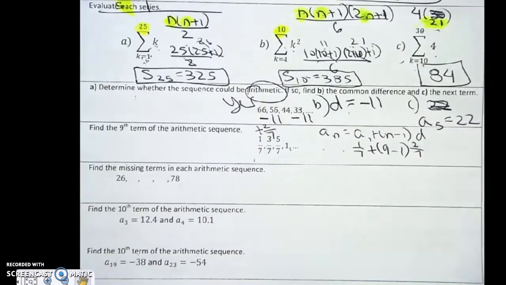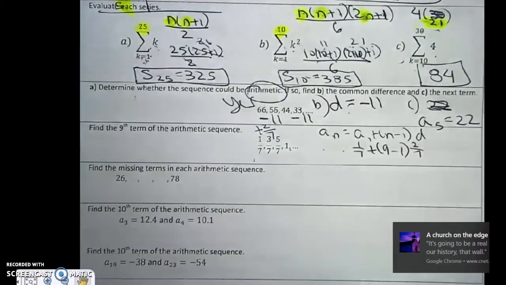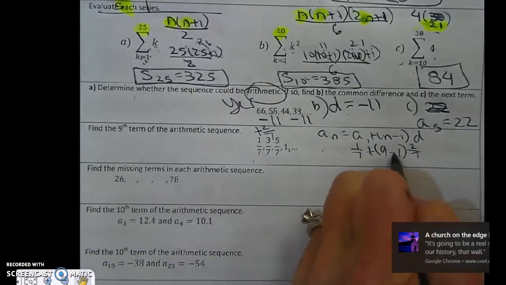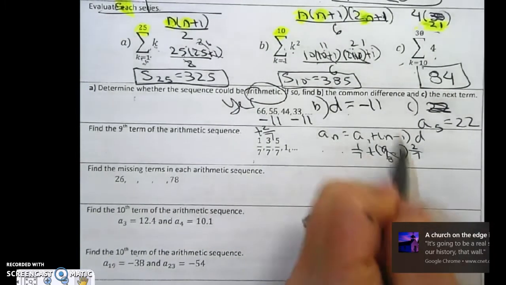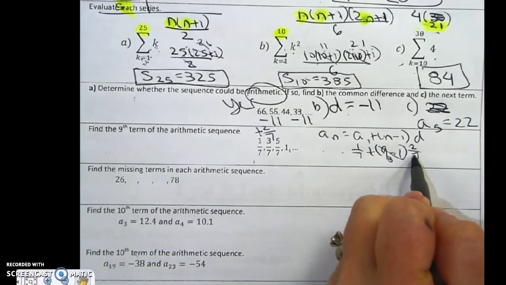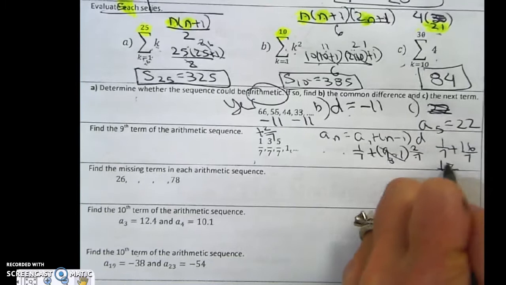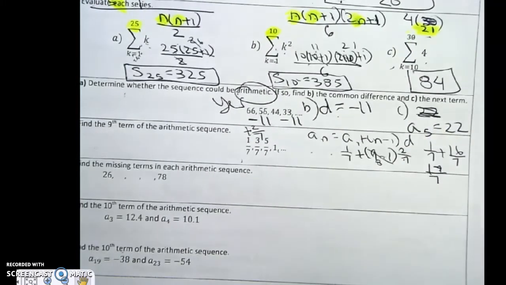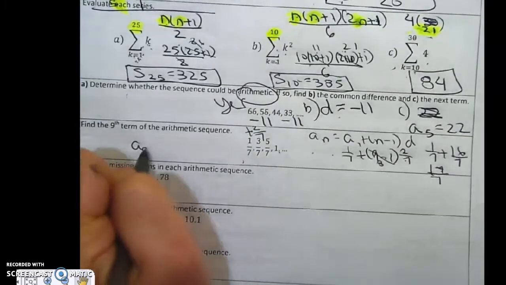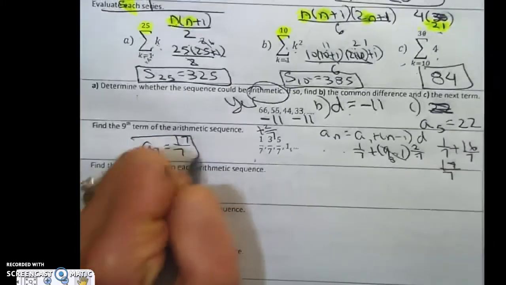Do you think I want you to show me that you're not using a calculator? Yes. So 9 minus 1 is 8. 8 times 2 is 16. So I have 1/7 plus 16/7, which is 17/7. You need to show me that you're not using a calculator. A sub 9 equals 17 over 7.